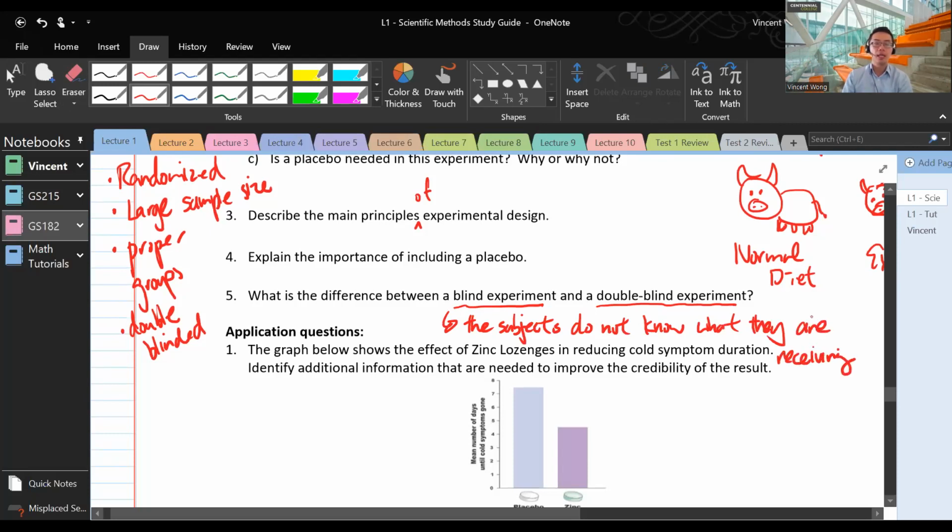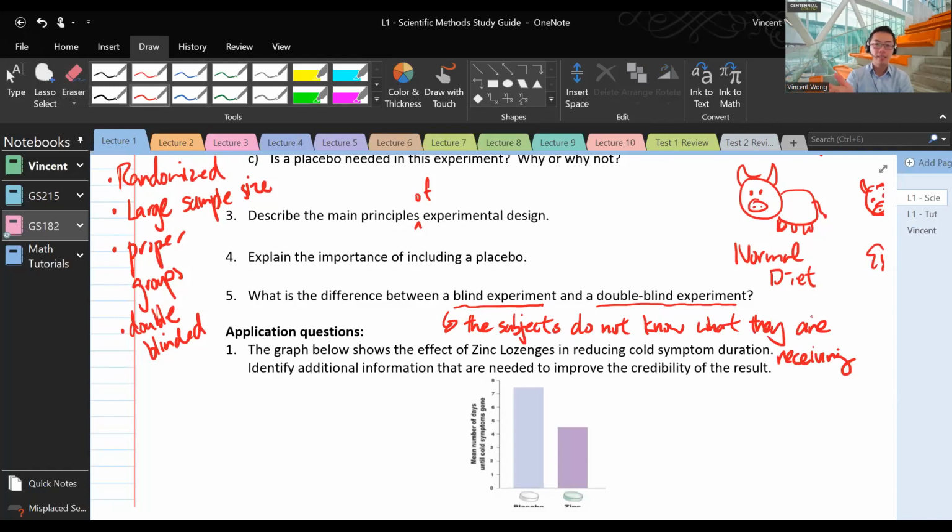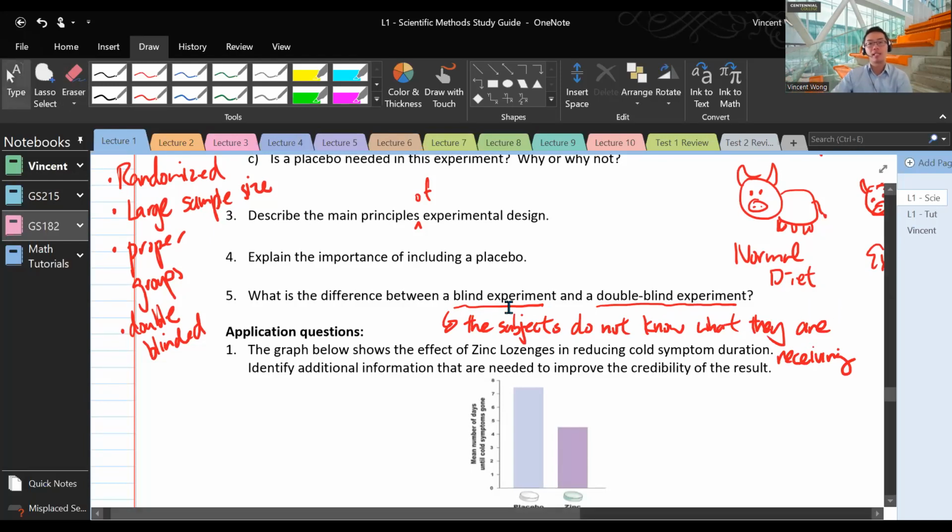In the context of testing a vaccine, they give you a shot. They don't tell you if it is the actual vaccine or just a placebo. You receive a shot, you don't know what it is. That's a blind experiment. In a double-blind experiment, both the subject and the experimenter, the researcher, do not know.